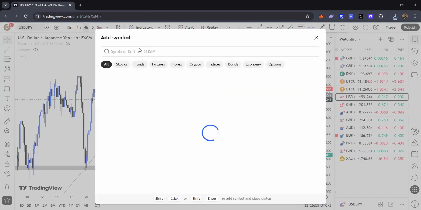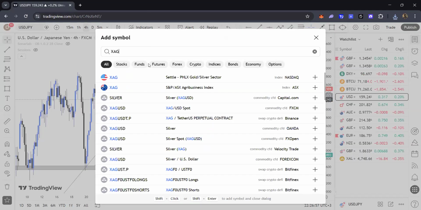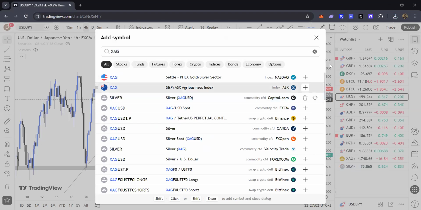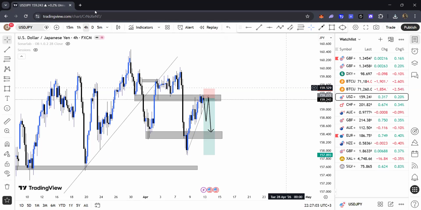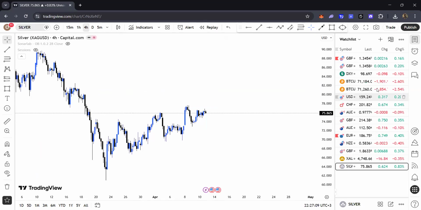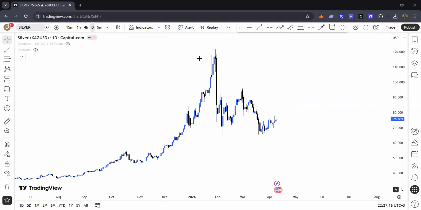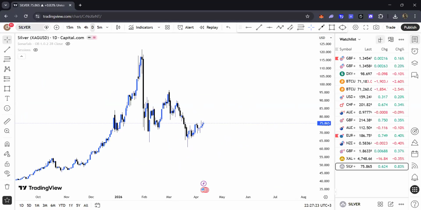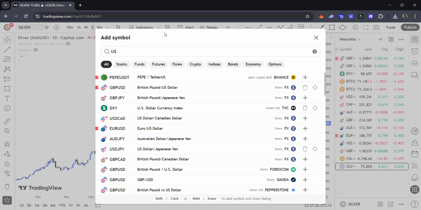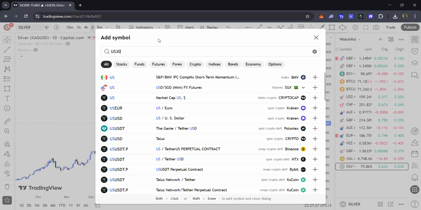Go get another one. Emma, all you get here is US 30. No problem. Silver is not for me, I've never traded silver actually. Let's go to US 30. The pip value is huge for me. US 30.